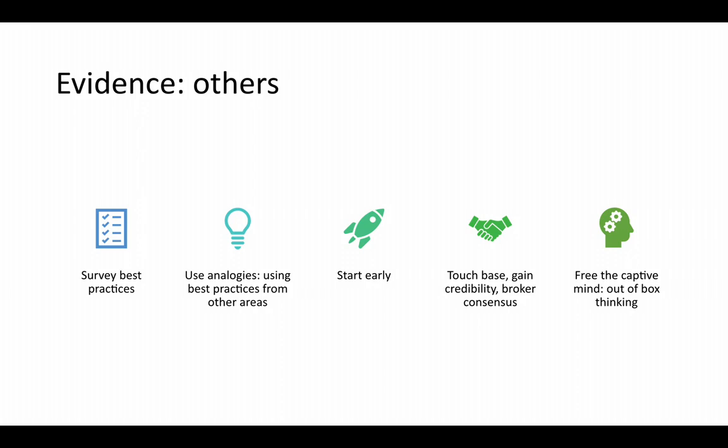So other kind of evidence, as we said, you can survey the best practice, use analogies, use best practice, right? But from the other area. So this is also very important because sometimes you have to have out-of-box thinking, right? You cannot just be bounded by one particular area.